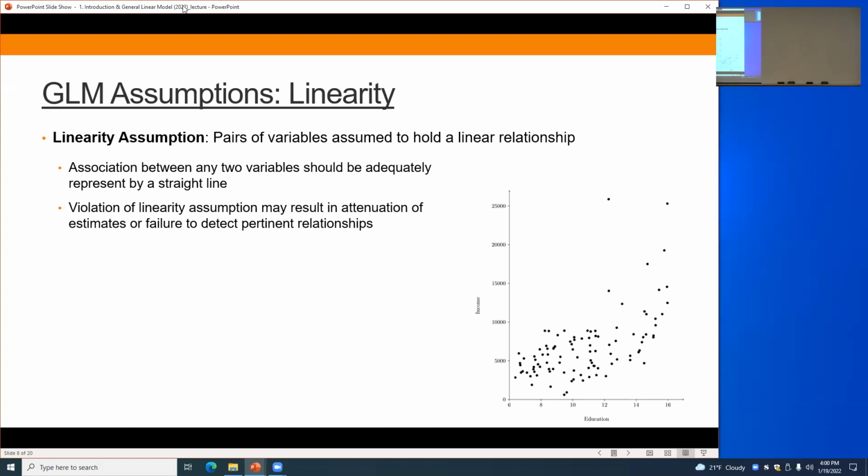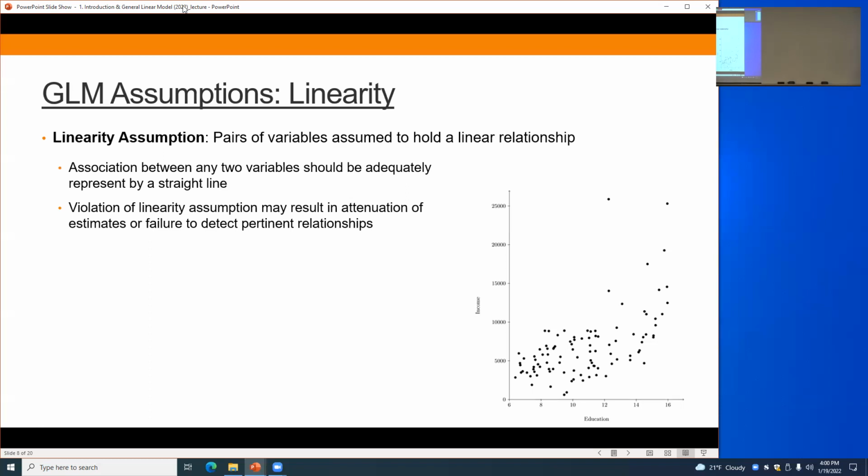But if I model this as a curvilinear function, my model says, oh yeah, these two things are very much related, just not in a linear fashion, right? So the risk we run in applying a linear model, if the relation isn't linear, is that it makes it look like these two things are less related than they are. I'm going to say, well, these things are kind of related, but it's maybe not a big deal. In fact, it's just not a linear function.